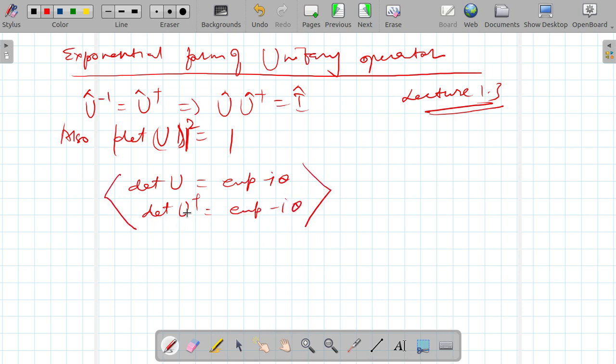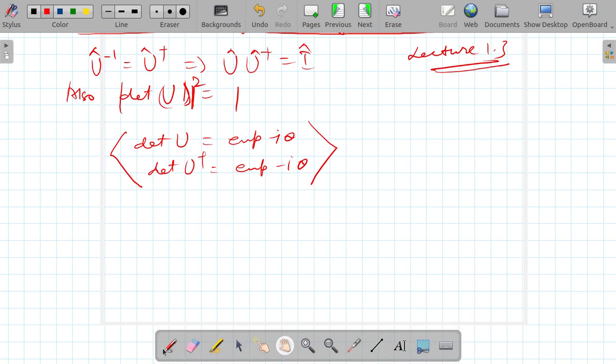So this suggests that something can be written in the form of an exponential. So keeping all these things in mind, for a matrix which is unitary, U can be expressed as e raised to the power iεG.